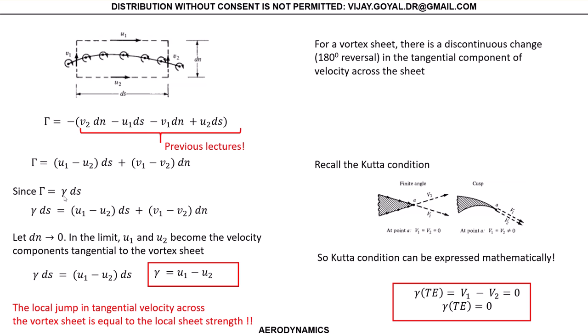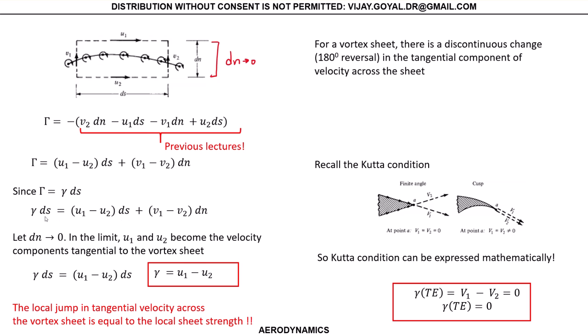Now note that gamma times ds is equal to this, and there are basically two ways to do this. If it's a thin vortex sheet, then dn is basically equal to 0. It goes to 0.